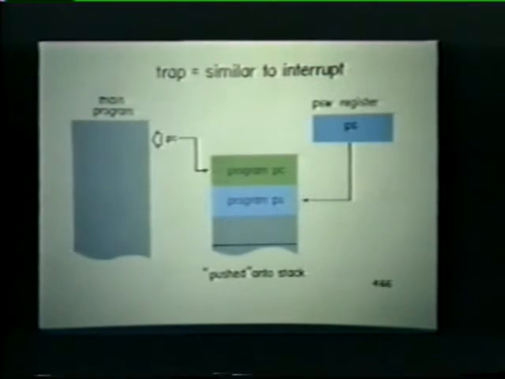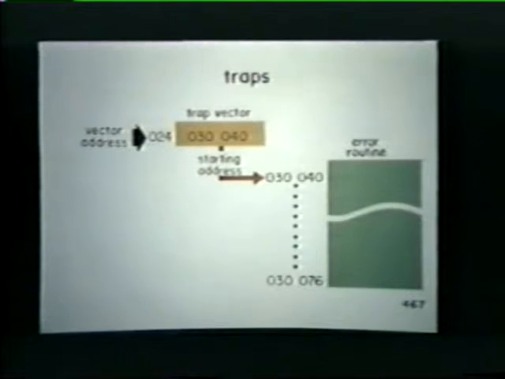When a trap occurs, the PS word and the current PC from the main program are pushed onto the hardware stack. In this respect, operation of a trap is identical to interrupts. A trap vector then directs the CPU to the starting address of the error routine. Thus, a trap vector functions in much the same way as an interrupt vector.